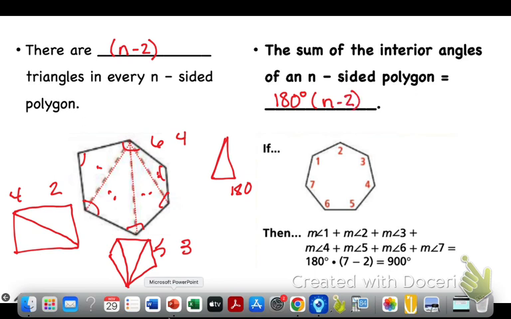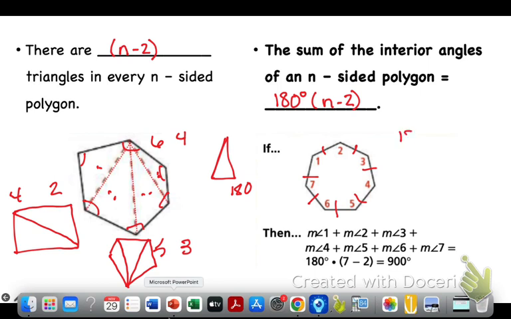Where did the 180 come from? All the angles added up in a triangle. Right. We know that a triangle has 180 degrees in it, correct? Yeah. And if I have n minus 2 triangles, wouldn't I just multiply the triangles times the 180? Yeah? So this is 1, 2, 3, 4, 5, 6, 7 sides.